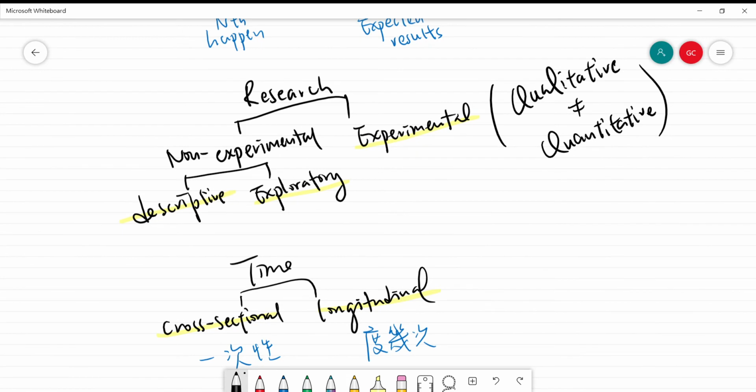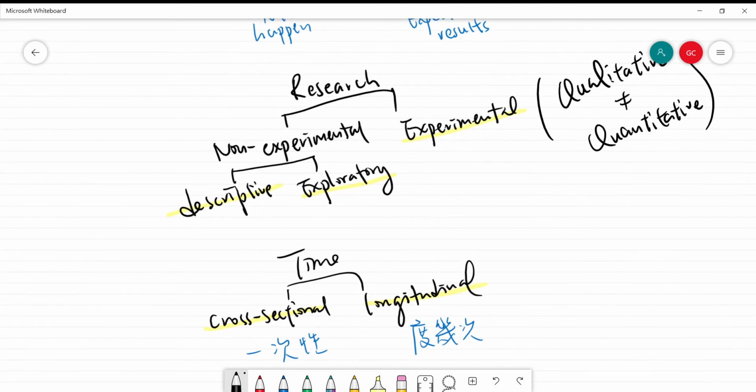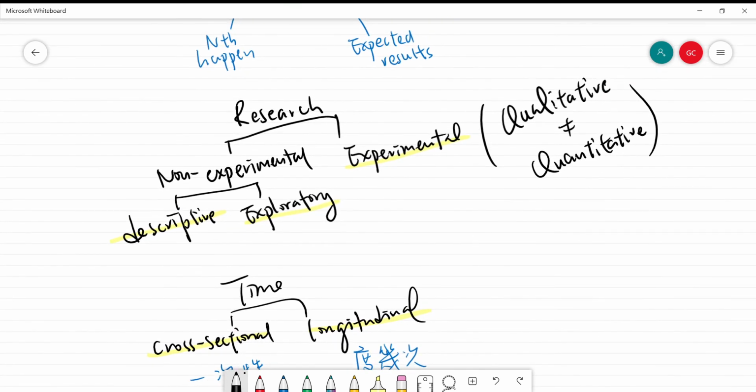So finally, we are going to talk about different types of research. There are two types of research. One is non-experimental, including descriptive and exploratory. Descriptive is that we need the research to describe some relationship or correlation between various factors, and exploratory is that we explore the causes or impact for different factors on specific things.